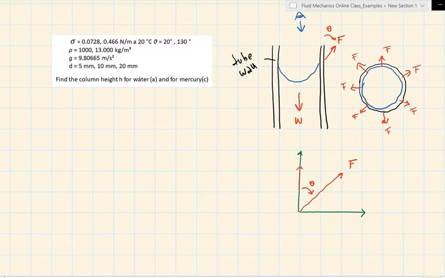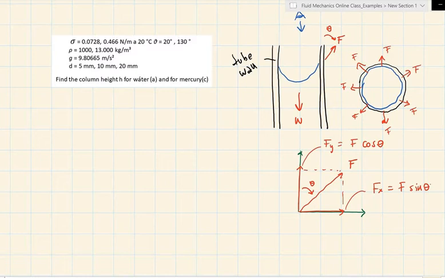The y component of this force, Fy, is vertical, and the x component is horizontal. So this is Fy, and it's equal to F times the cosine of theta. Remember this from physics classes. And this is Fx, and it's equal to F times the sine of theta.